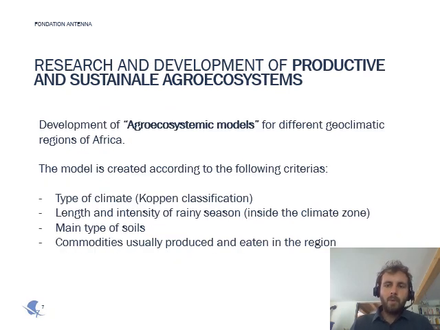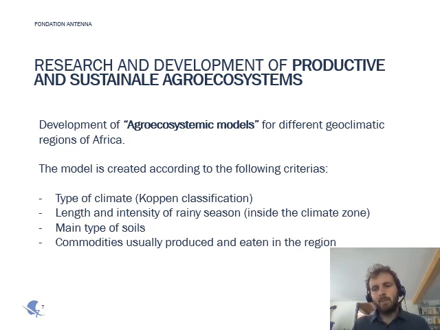More widely, the strategy is to develop this agroecosystemic model, this farm plan, for different geoclimatic regions of Africa. We will create a farm plan according to the Köppen classification of climate, and go more precisely into different climates by making models for different lengths of the rainy season, which can vary a lot inside a Köppen climate zone.